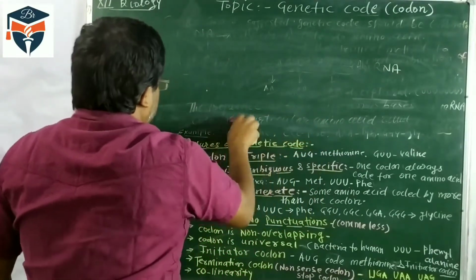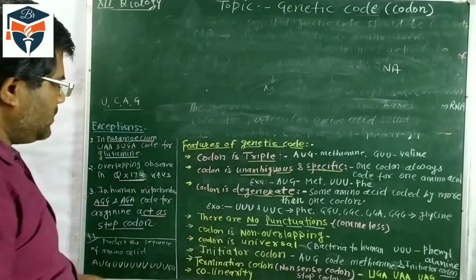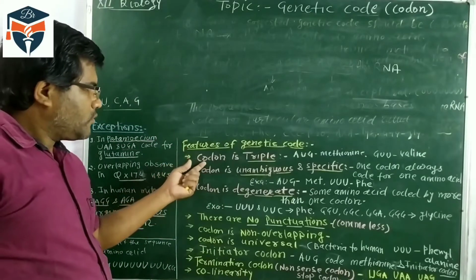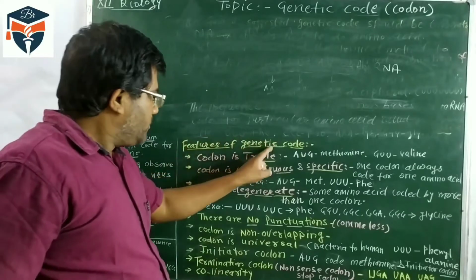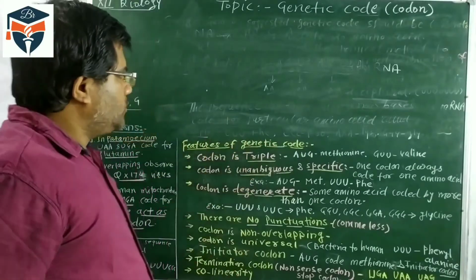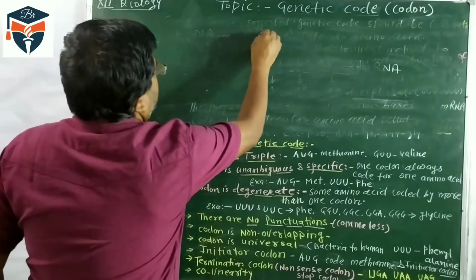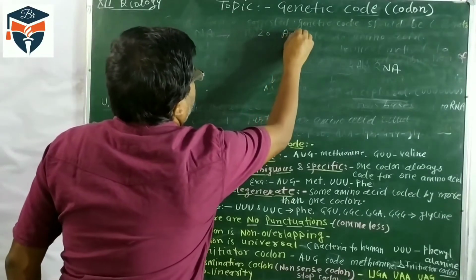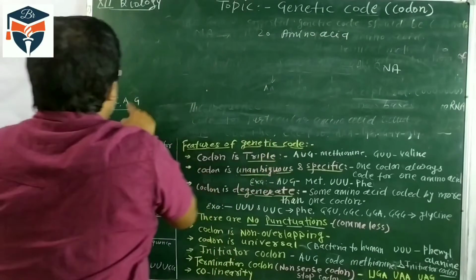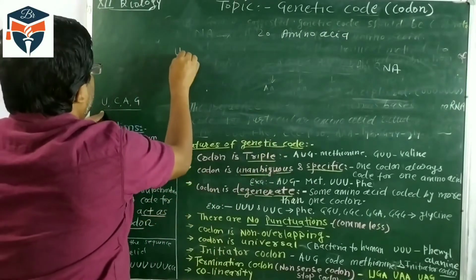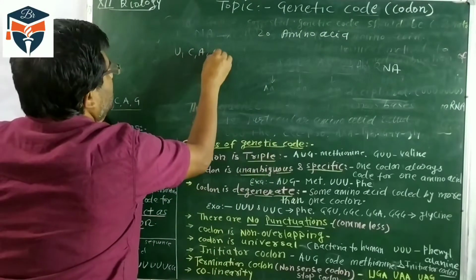The first characteristic we are discussing: codon or code is triple. Students, as I told you, there are 20 amino acids, but we have only U, C, A and G nitrogenous bases in RNA.